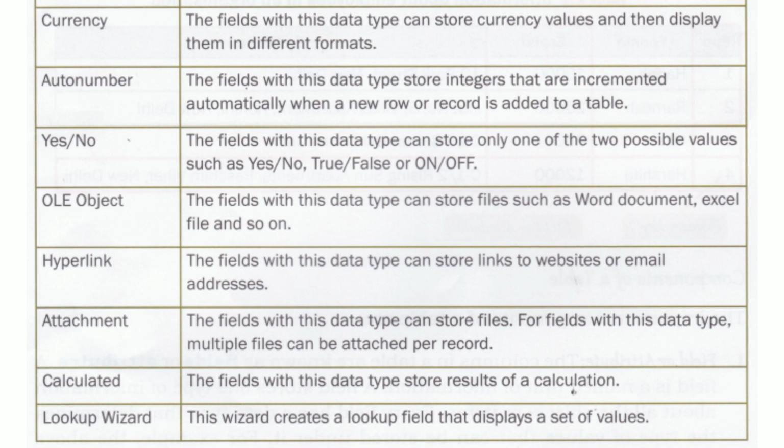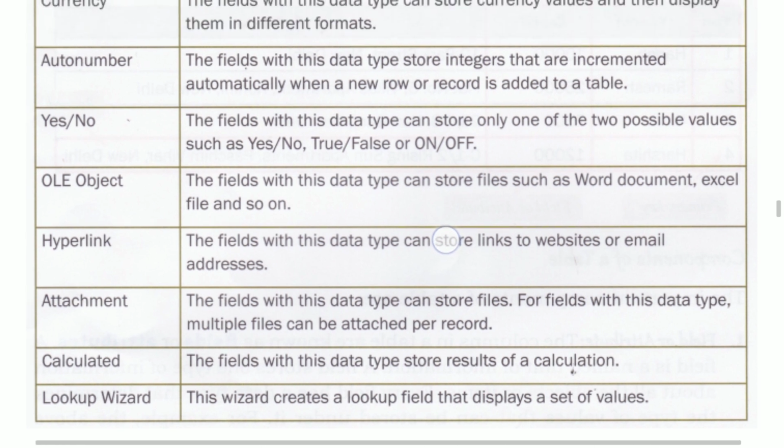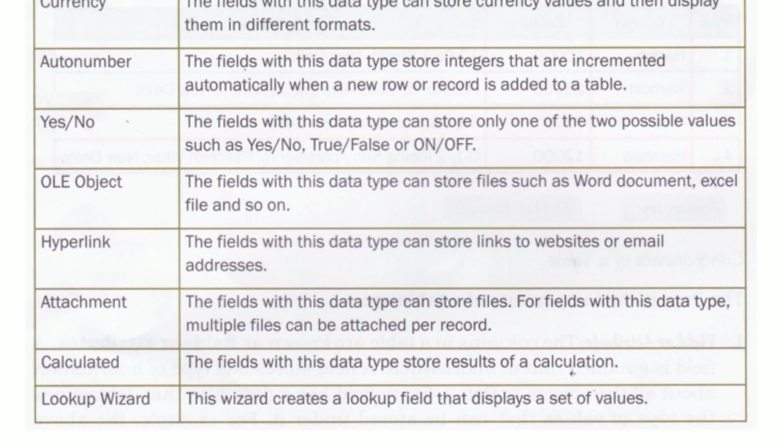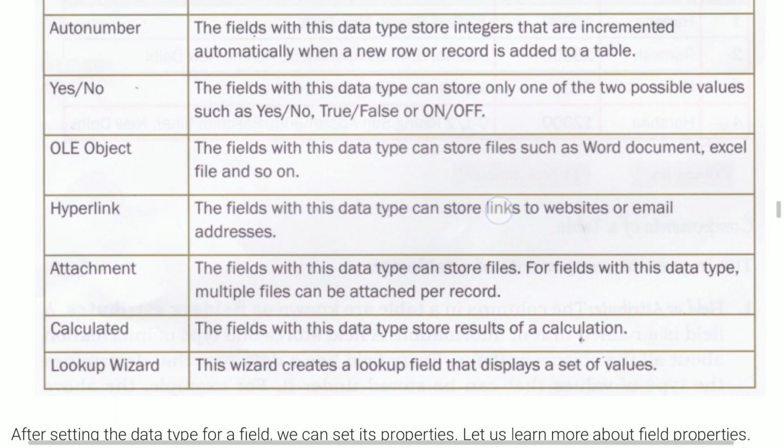The next one data type is OLE object, that is object linking and embedding object. The object linking and embedding means an OLE object allows embedding and linking to documents and other objects such as Excel chart, paint picture, etc. Next one data type is hyperlink.